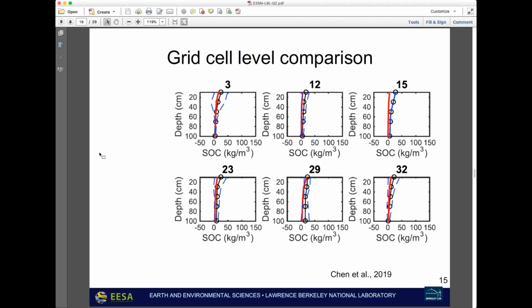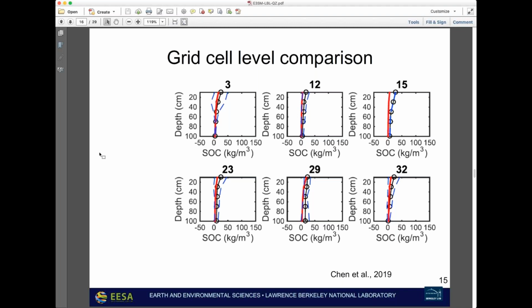The black circle is the observation, and we can also tell the uncertainty or the variation informed purely by the observation by the dashed blue line, and the red line is the model.